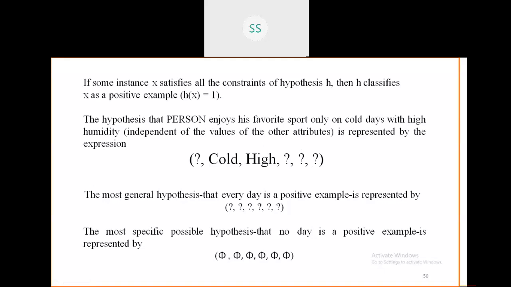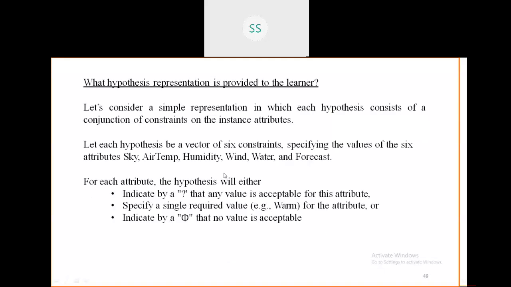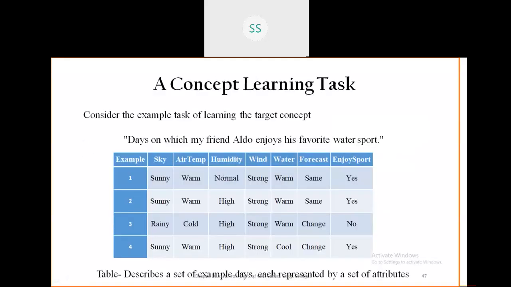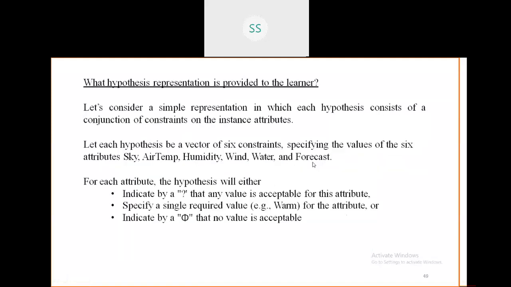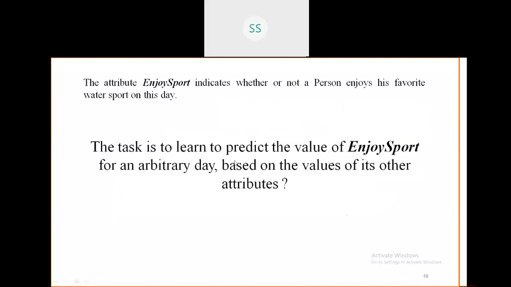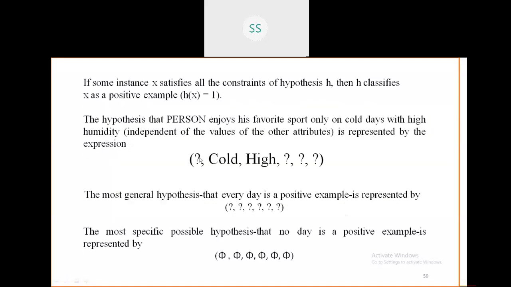There are 6 attributes here. The first attribute is sky. The second one is air temperature, then humidity, wind, water, and forecast. So air temperature is cold and humidity is high.